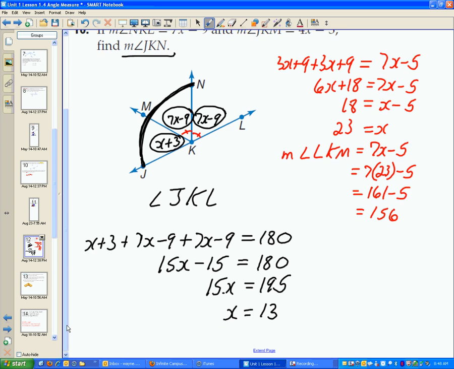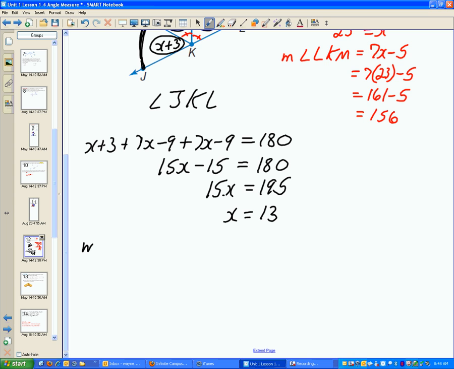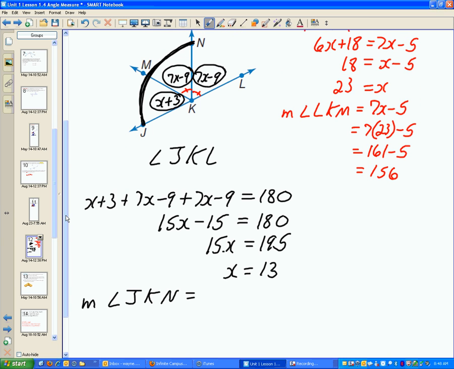Well, they didn't tell us, but doesn't the measure of angle JKN have to be x plus 3 plus 7x minus 9? All right, so I'm going to simplify this before I substitute the 13 in. That would be 8x minus 6.